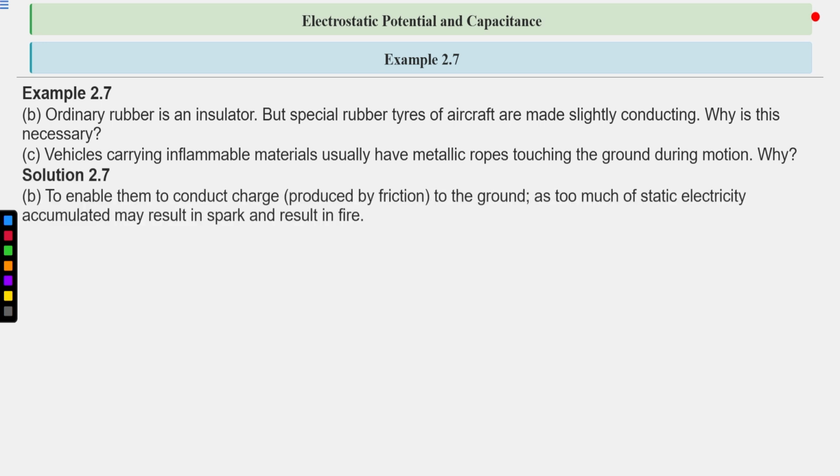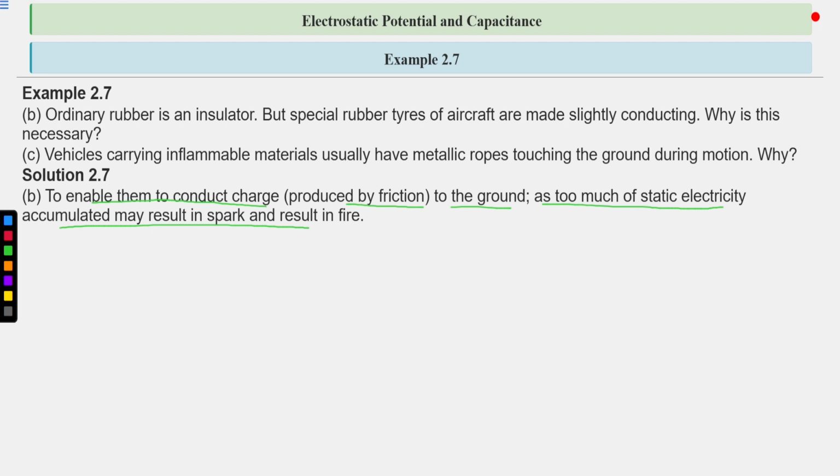To enable them to conduct charges produced by friction to the ground, as too much static electricity accumulated may result in a spark and result in fire. We know that during takeoff or landing, the aircraft is at very high speed. So when the tire touches the ground and the aircraft moves at very high speed, there will be a very large amount of friction.